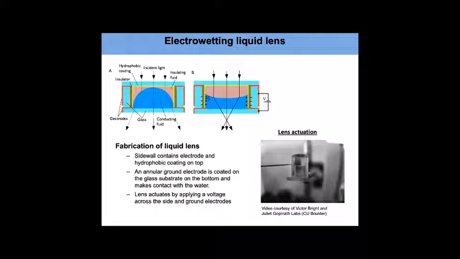By changing the voltage between the water contact and this electrode, you can change that contact angle. This is what it looks like. You get a very nice, reproducible, controllable lens, and the lens can tune over many, many diopters, many more than your eye can tune.